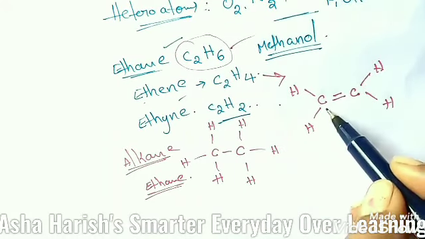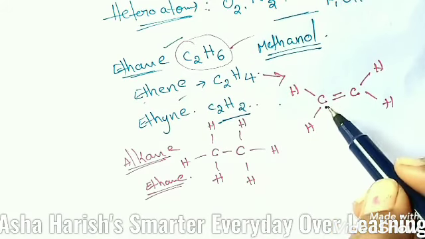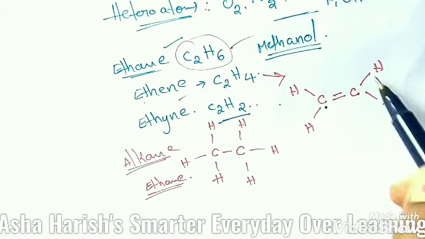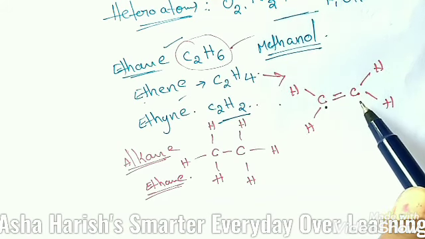If you see this carbon atom, around this carbon there are 4 bonds, so the carbon valency is 4. If you take this other carbon atom, around it there are also 4 bonds, so this carbon atom also satisfies that valency.